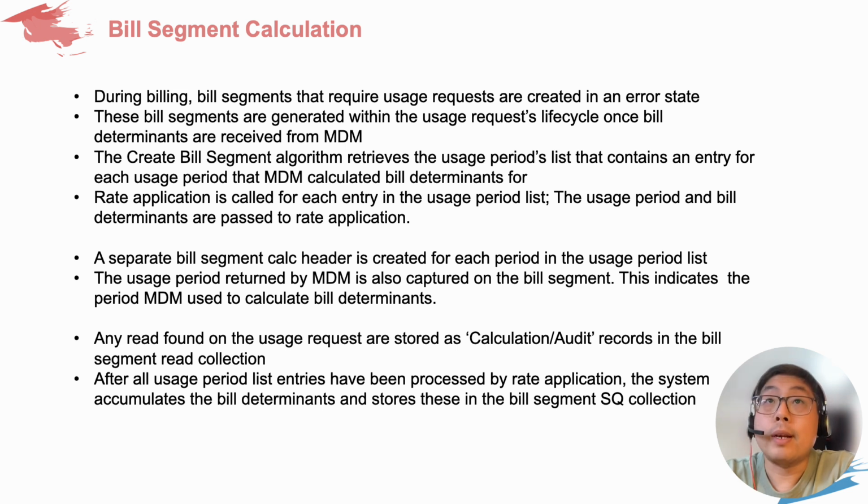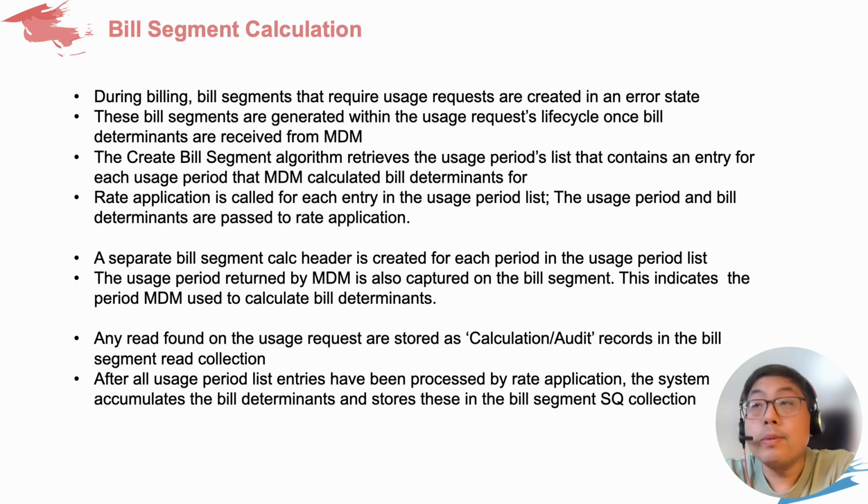Instead they would aggregate all the consumption in the whole usage, bill determinant, start date and end date periods. So they aggregate the consumption within the algorithm, create a new SQ, and then send it to the rate application to calculate the bill.